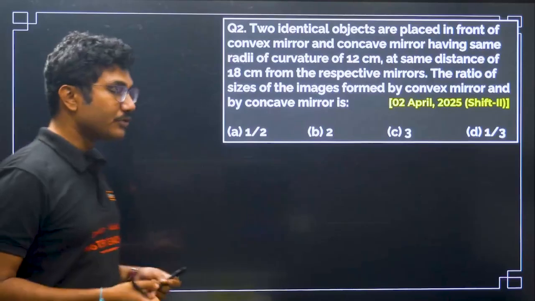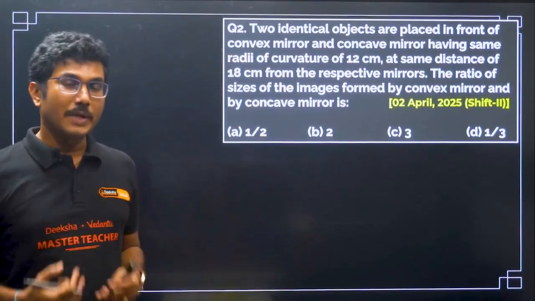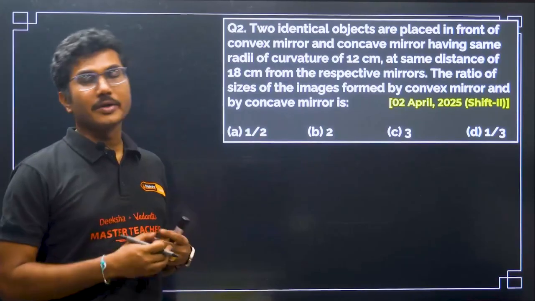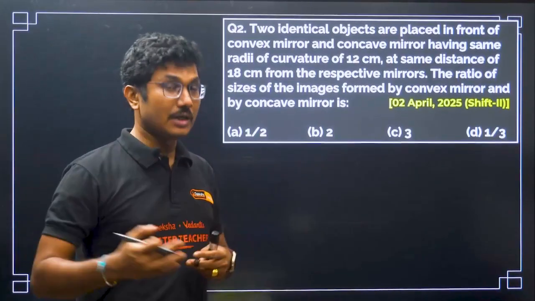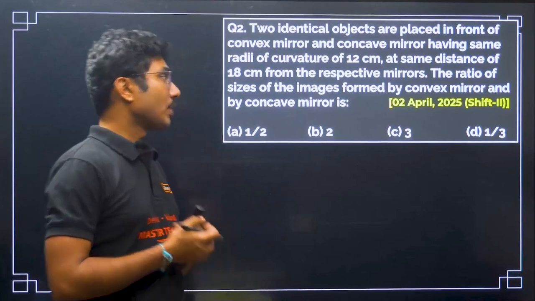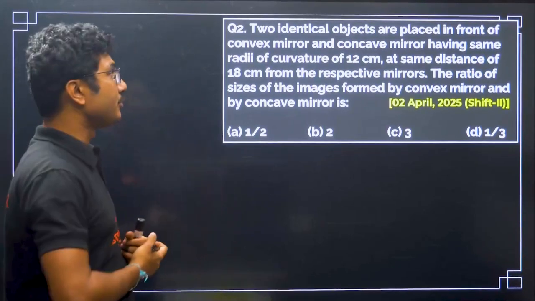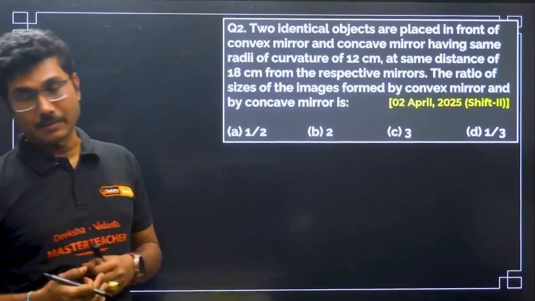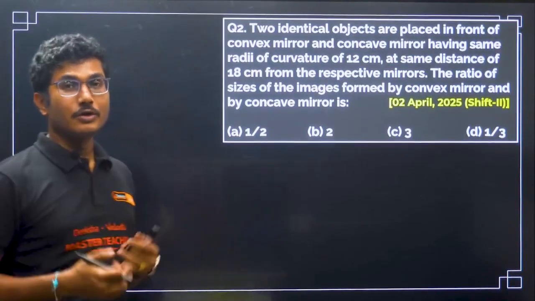So if you are someone who is struggling with JEE, don't worry, your first priority should be KCET, second priority should be JEE. JEE should not be your first priority if you are struggling with solving this type of question. But if you are good with mathematics, good with calculation, then definitely JEE should be your first priority, KCET should be your backup. It is very, very important to have a backup ready for all your preparation.